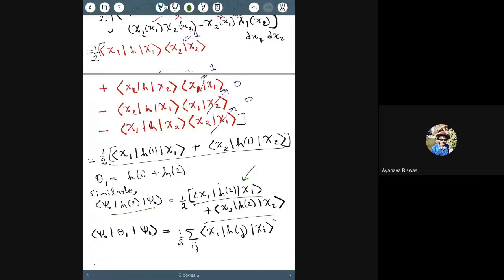So this value is actually the same as the value for electron 1. Because this is a number and 1 and 2 are indistinguishable. So then when I add them, basically psi naught H1 psi naught is equal to psi naught H2 psi naught.